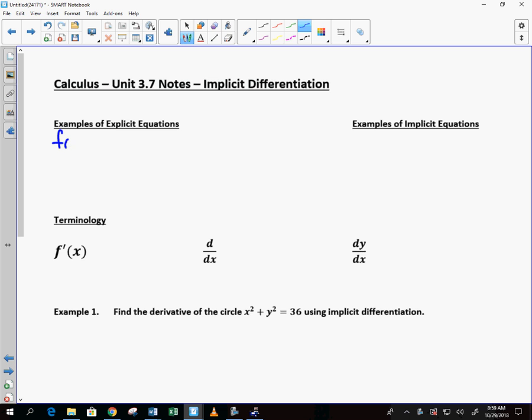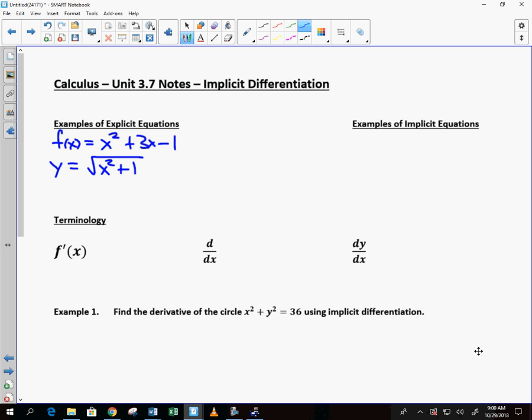f of x is equal to x squared plus 3x minus 1. Ooh, exciting. y equals the square root of x squared plus 1.